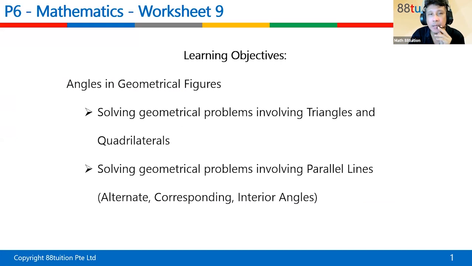P5 is usually very heavy, so some teachers couldn't finish teaching geometry. As a result, in some schools the four-sided figures were left out until this year. So depending on whether you know or you don't know, when we look at the questions, we may do a little bit of revision as well, okay?